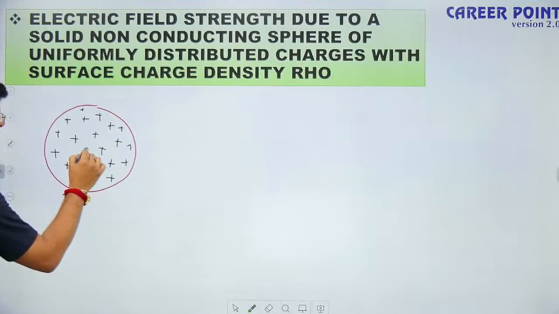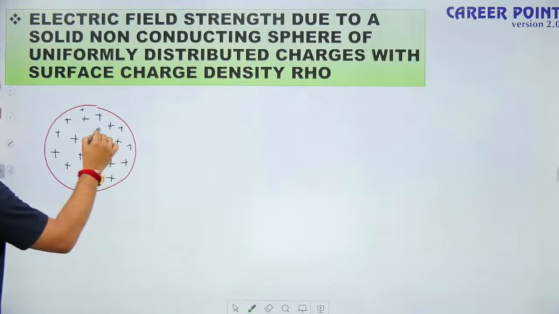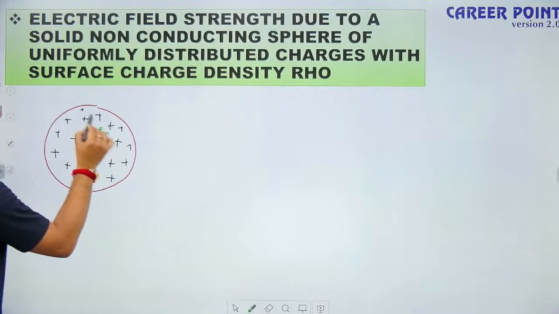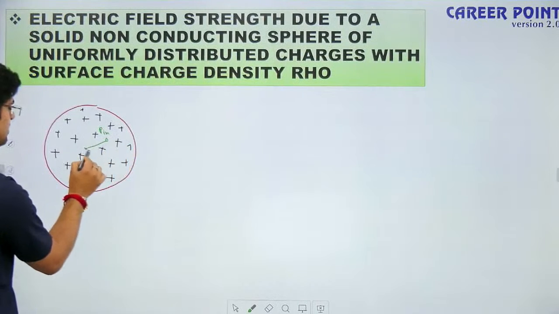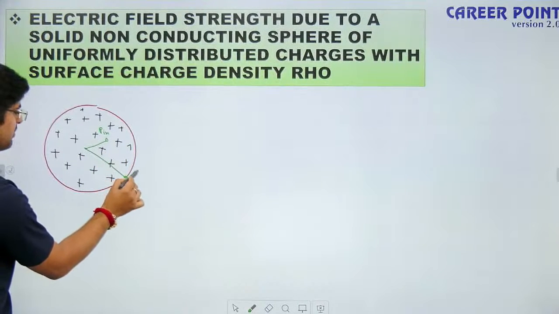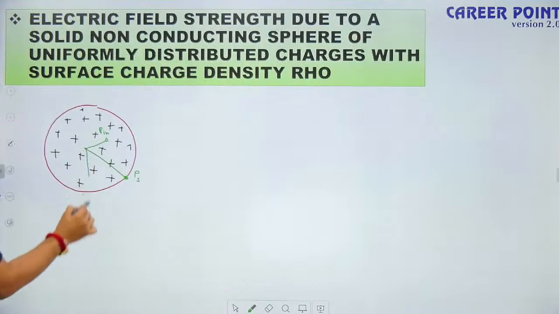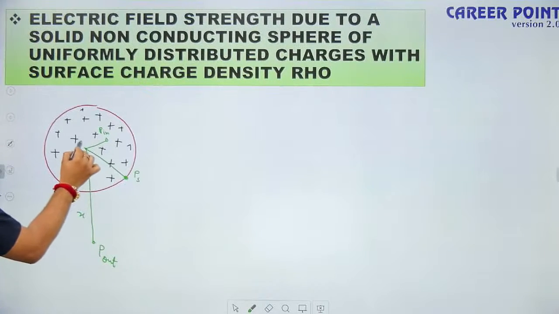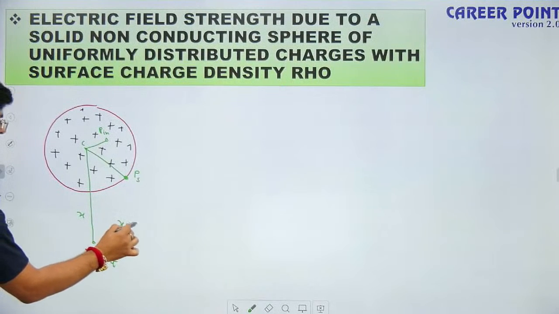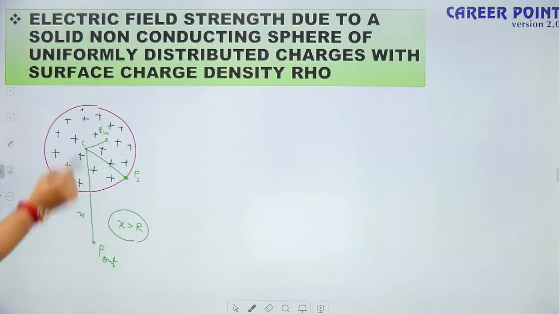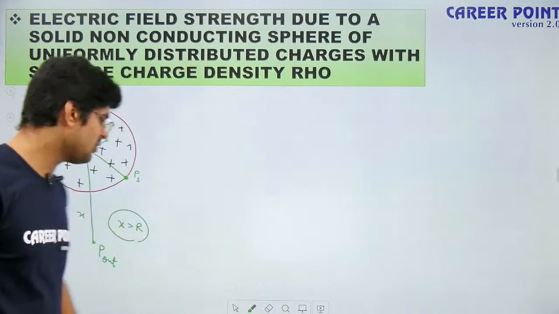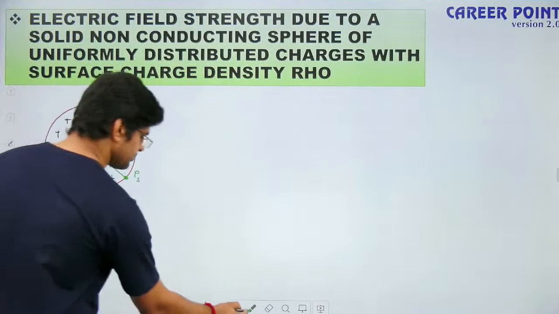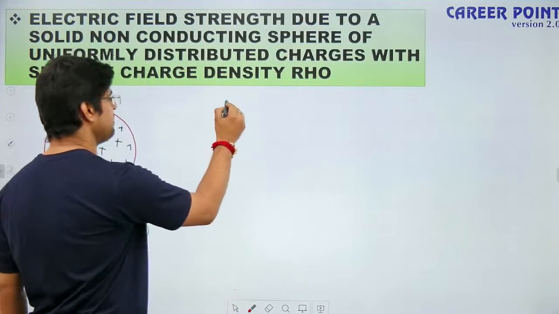Now I am taking a point, let's say this is P inside, then a point P surface, then a point P outside. This P out is x distance away from the center, and this x is greater than the radius of the solid sphere. No problem.